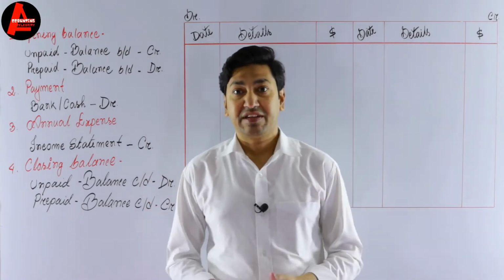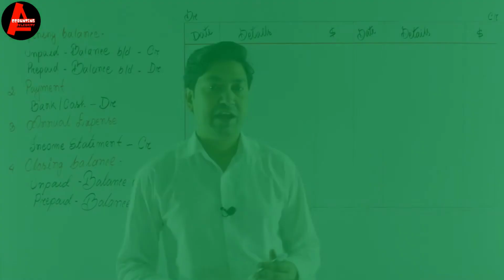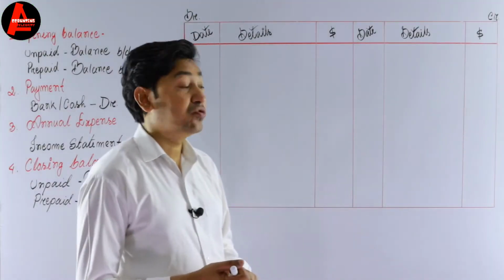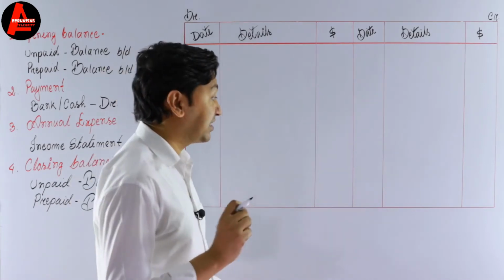Now, let us have a look at the question on the screen. Karishma runs her own business, okay? The balances in her books on 1st October 2020 included the following. So 1st October 2020, that means she started business on this day.